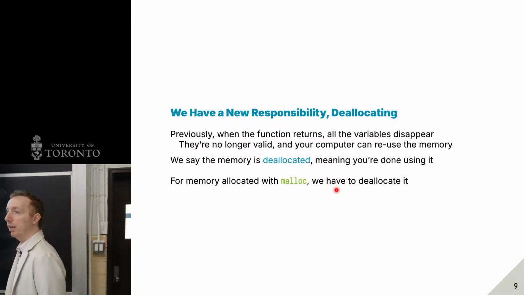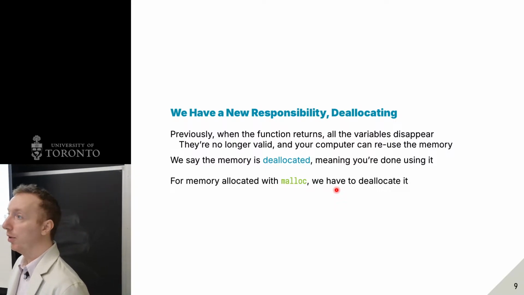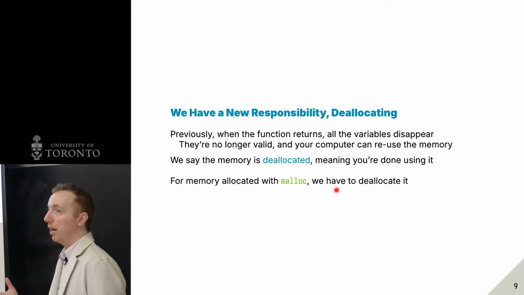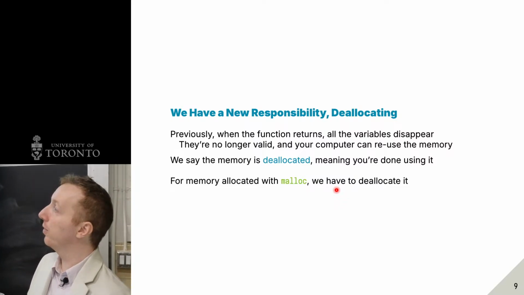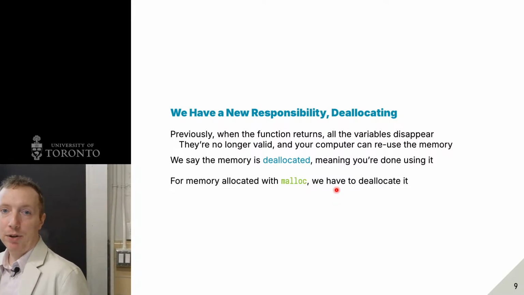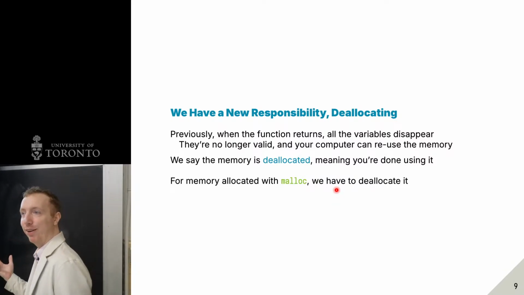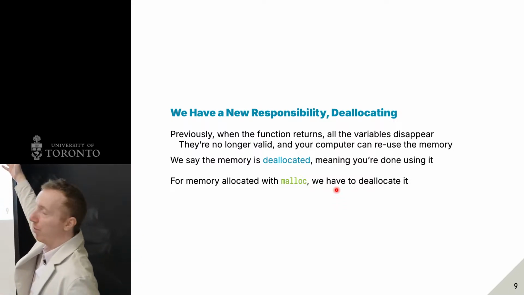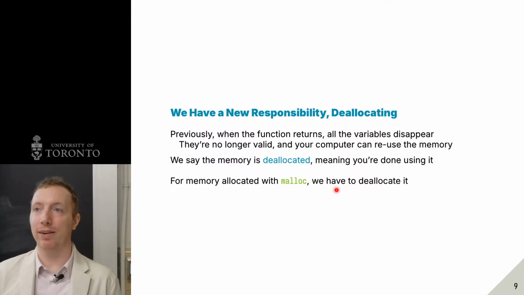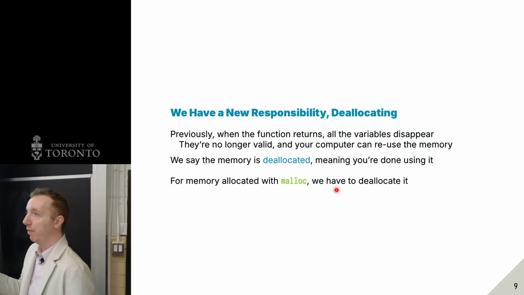If you don't deallocate it yourself, your computer is going to assume you're still going to use it, it won't reuse it, and eventually if you do this enough times and don't actually deallocate your memory, well, anyone use Chrome that uses like 20 gigs or something like that, or like 4 gigs of memory? Well, that problem stems from this. They essentially would call malloc, they're done with that memory, they forget to free it.